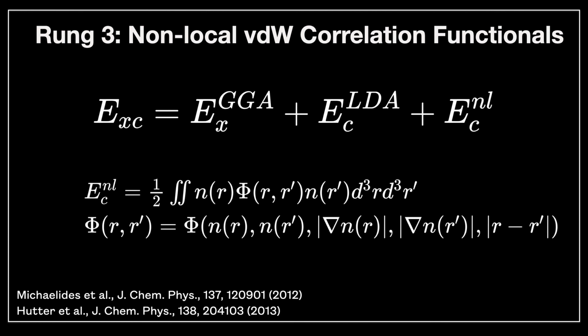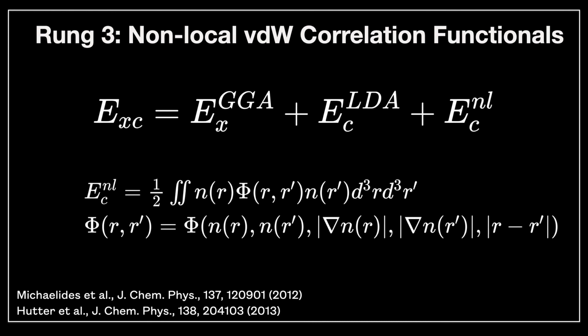You see here the example of a non-local functional on the second row of this slide. You see typically that the energy depends on the density at two points, r and r prime. And so you integrate over everything, with phi of r, r prime being the kernel that you use to get the correlation from the non-local part to address the van der Waals interaction.